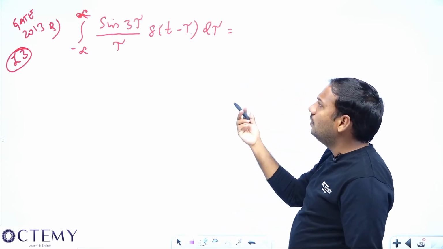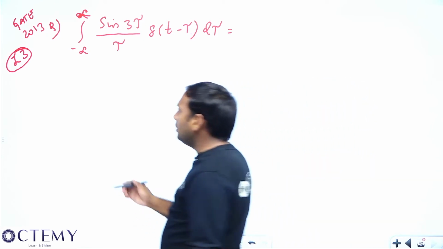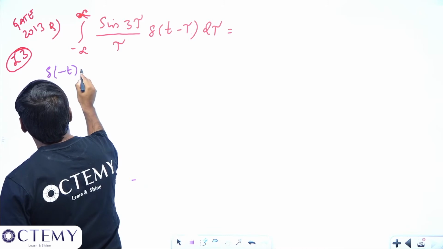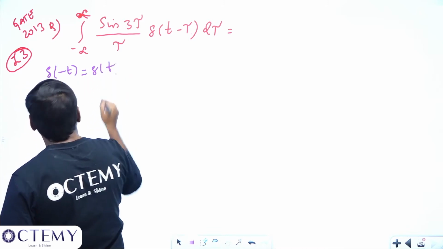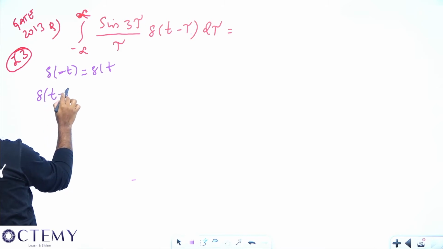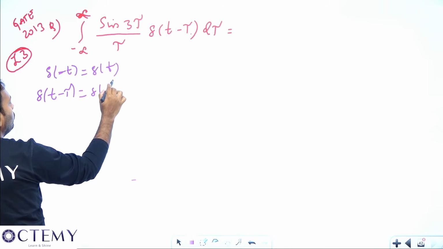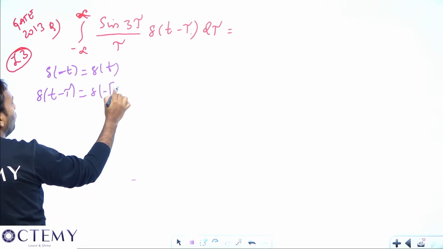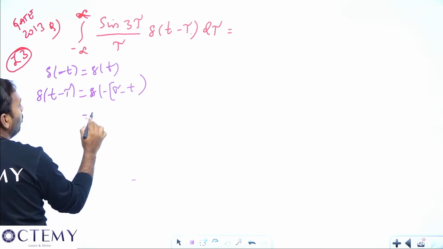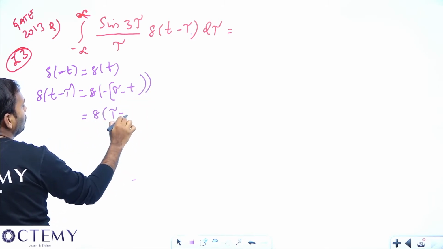T minus tau, I can make it tau minus t, because the impulse function is always even in nature: del of minus t, you can write as del of t. The same logic, del of t minus tau, you can write as del of, take minus common, tau minus t. So finally you'll be getting del of tau minus t, no issues.